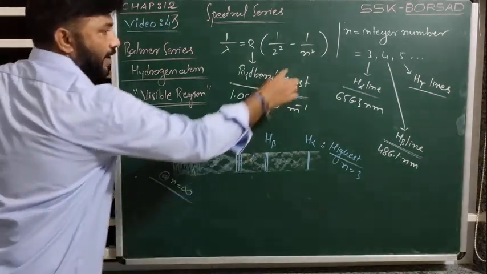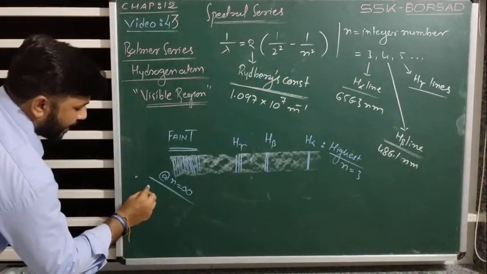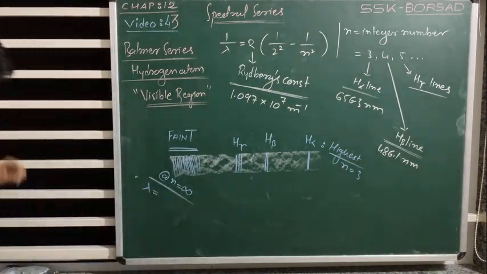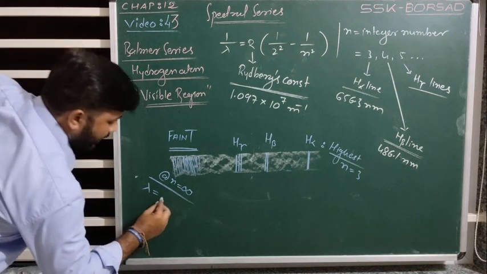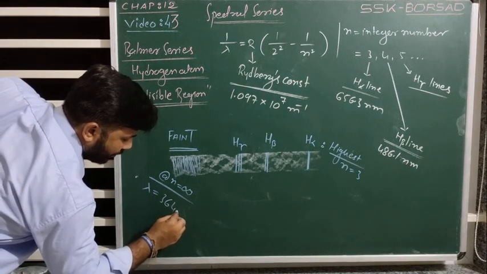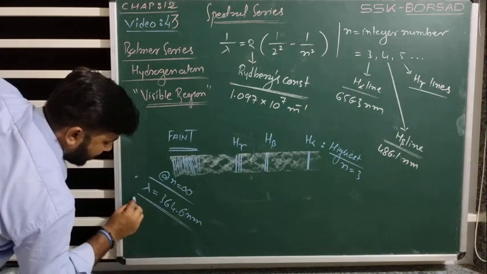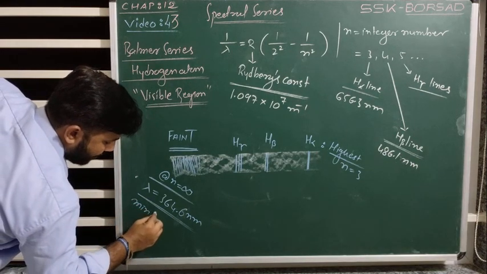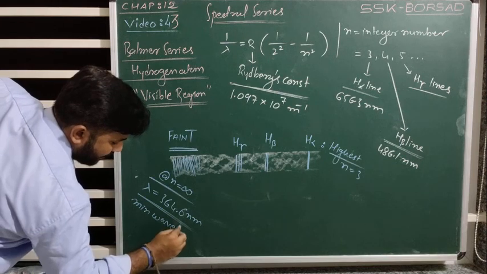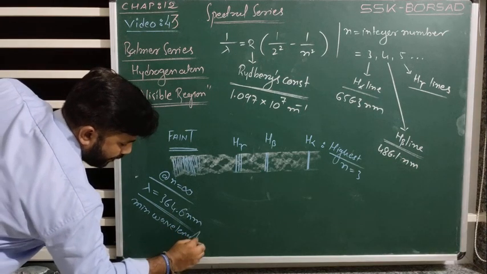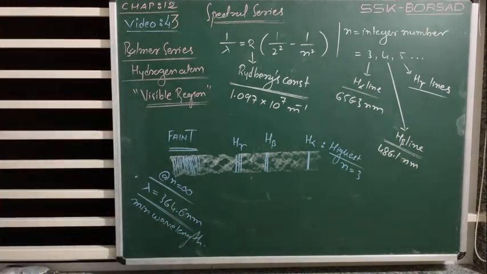Put n is equal to infinity here, then you will get lambda is equal to, I think, 364.6 nanometer. So it is the minimum wavelength. Got it?